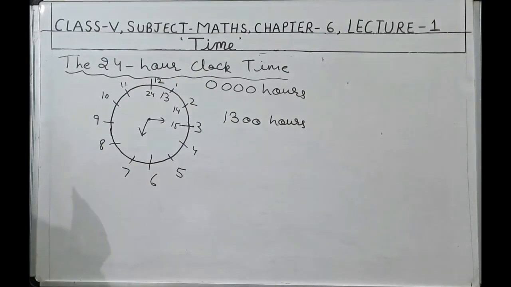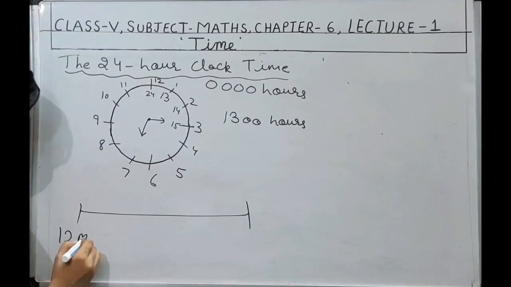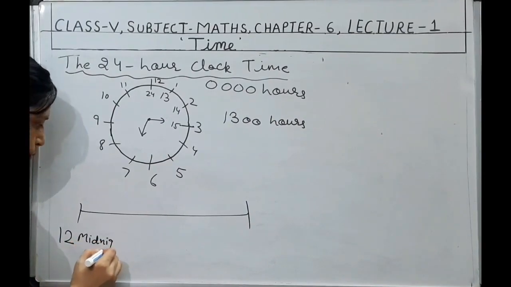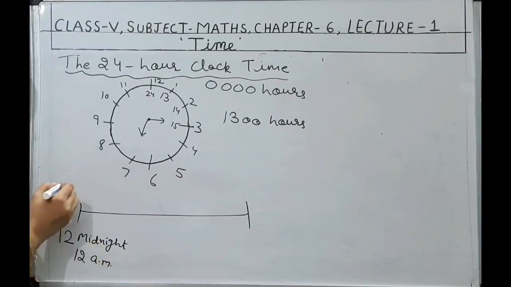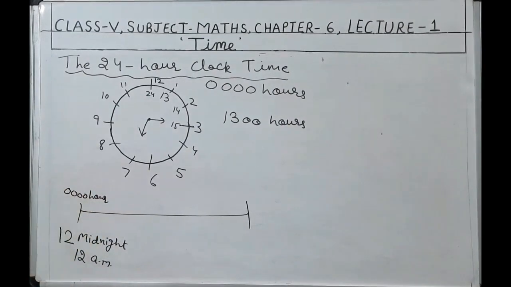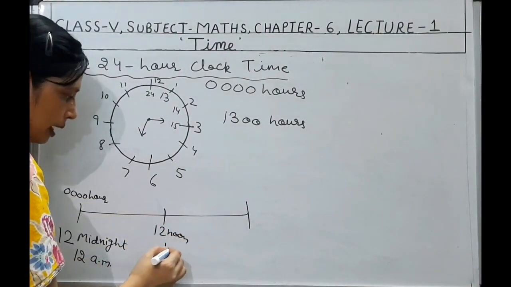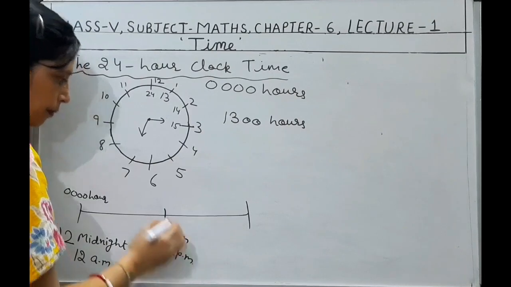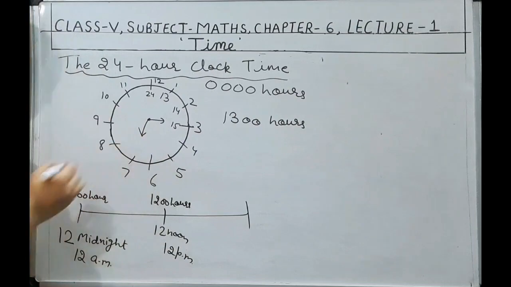One more thing you should know. As the day has started from 12 midnight, a new day starts at 12 at night. That is 12 a.m. Okay. 12 a.m. is 0000, that is 0 hours. After that 12 noon, it is 12 p.m. and 1200 hours in 24-hour clock.